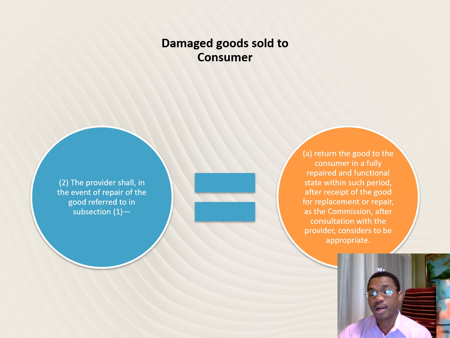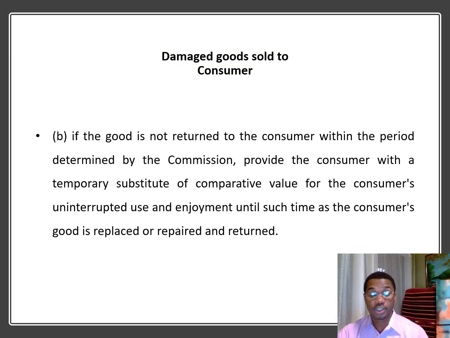And here in section 23, what we're seeing is that there's some discretion in terms of time, and it is the commission that is going to determine what is the appropriate time for that repair of goods to take place. So if the goods are not returned to the consumer within the period determined by the commission, the provider must provide the consumer with a temporary substitute of comparative value for the consumer's uninterrupted use until such time as the consumer's good is replaced or repaired and returned.